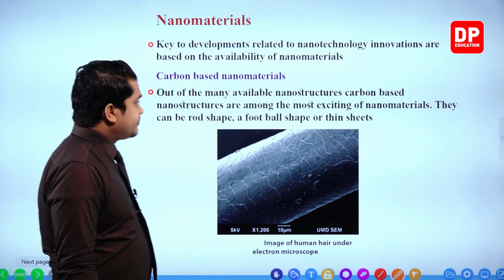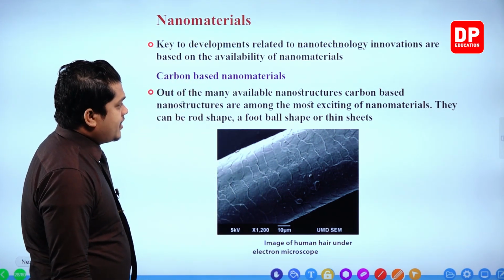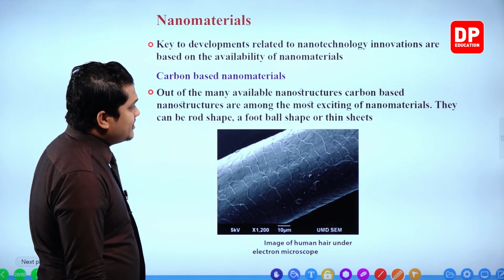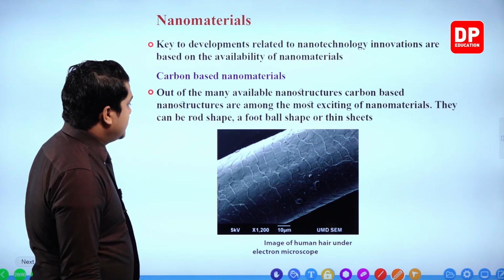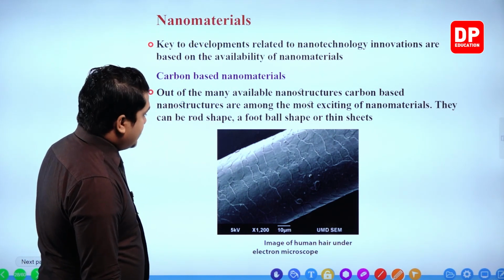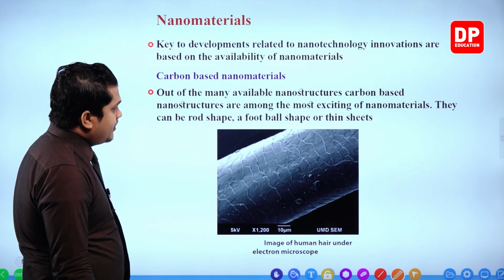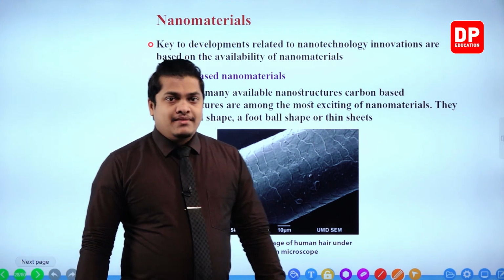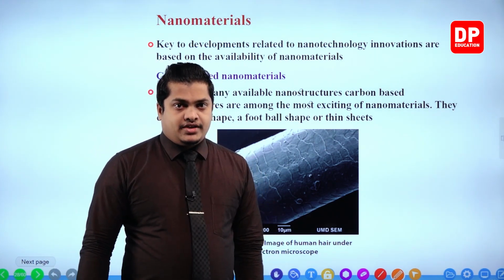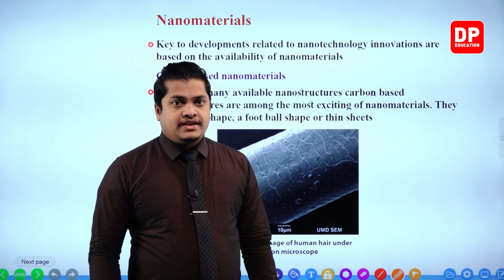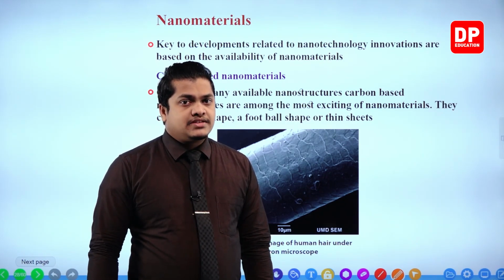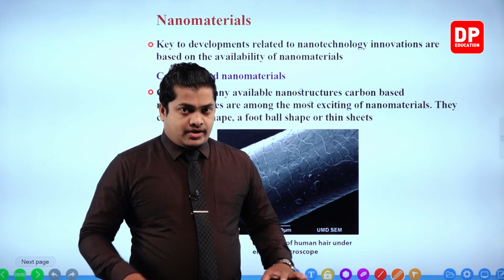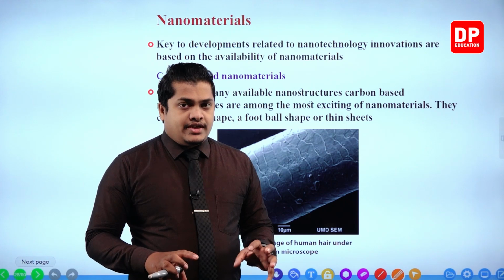Out of many available nanostructures, carbon-based nanostructures are among the most exciting nanomaterials, right? They can be rod-shaped, football-shaped or thin sheets. These carbon-based nanomaterials are very popular, my dear children, because it's very easy to make substances using them.